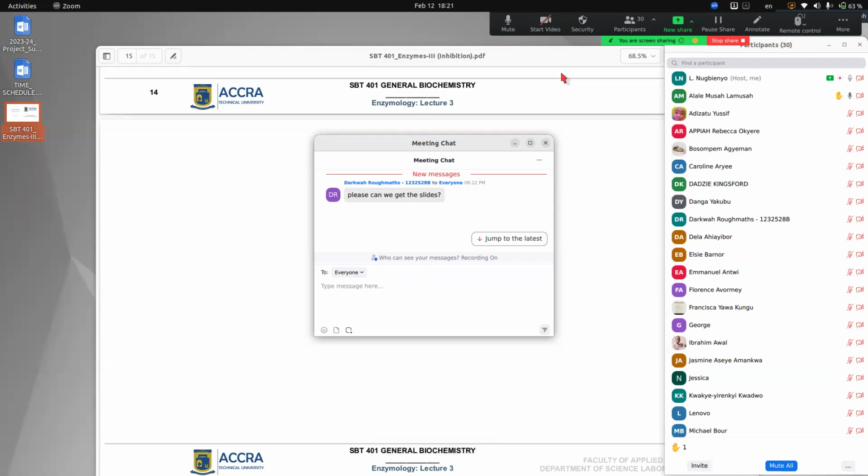Competitive inhibition in enzymology. Oh, okay.